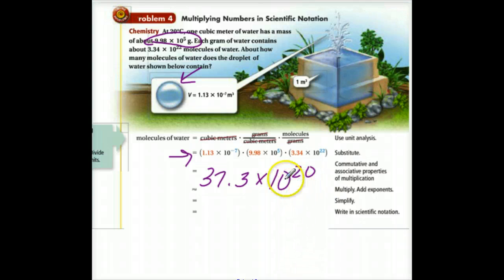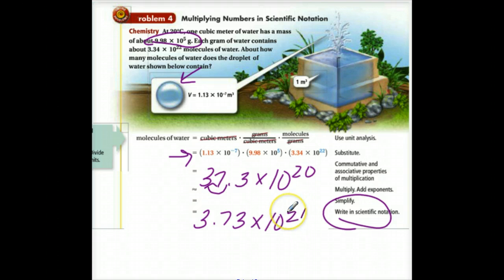My answer isn't in scientific notation quite yet. We want to make sure we do that. So I'm going to move the decimal point this way, 3.73 times 10 to the 21st molecules of water.